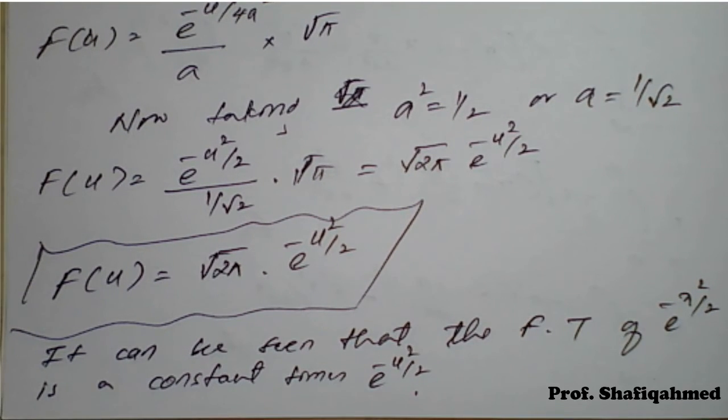So here, e raised to minus x square by 2 is a constant times e raised to minus u square by 2.